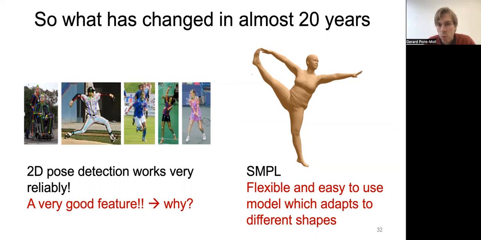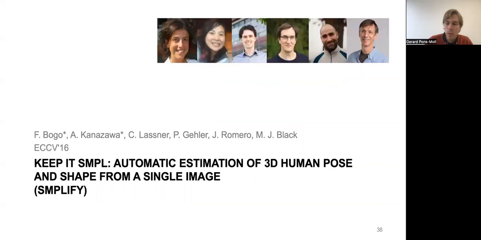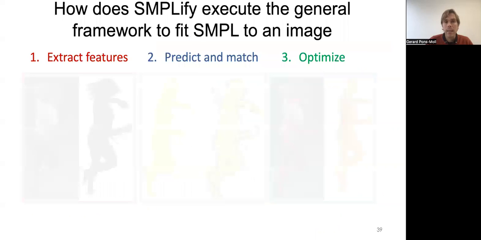And leveraging these two advancements, people have been able to achieve remarkable accuracy for 3D human pose and shape. This is, for example, the method of SMPLify by some colleagues. The basic idea follows the principles that we've shown before, but now we have much better features than people had 15 years ago.